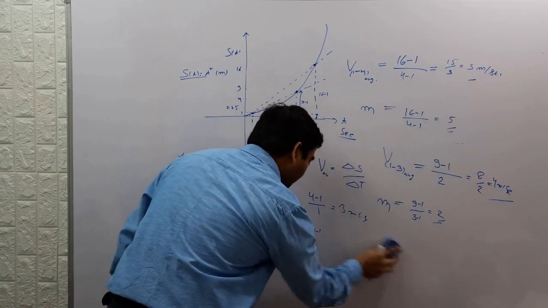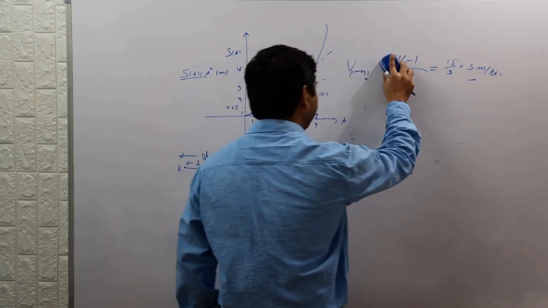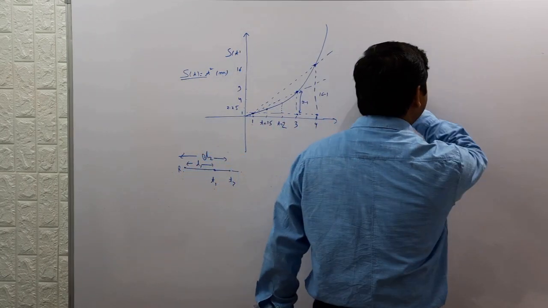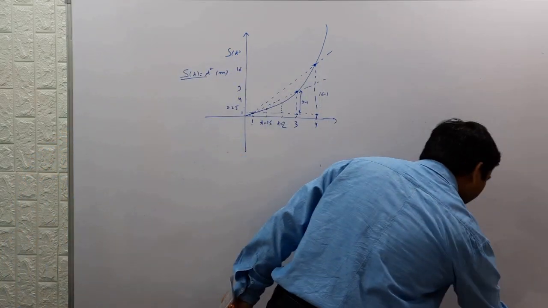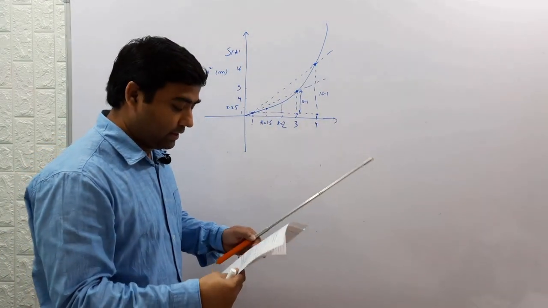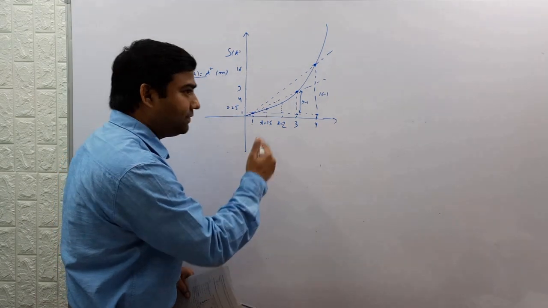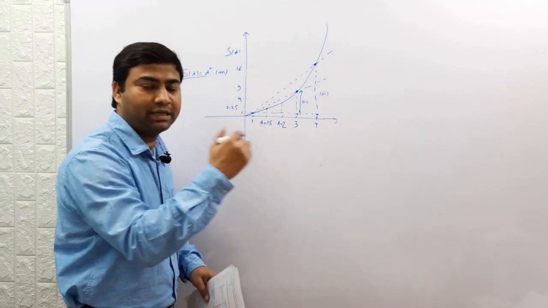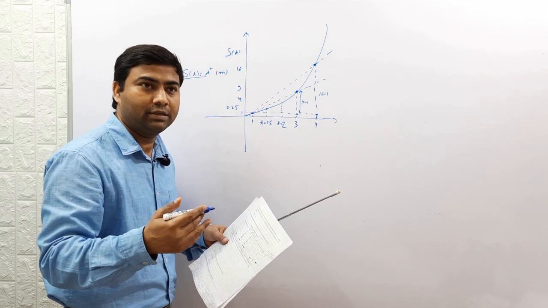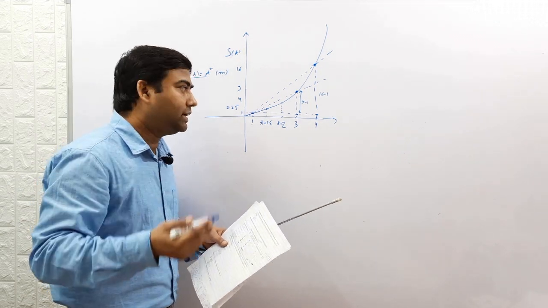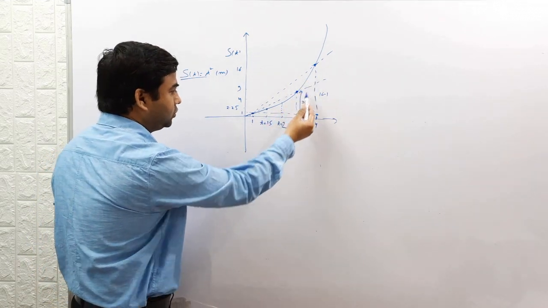So what is our observation during this exercise? You will make a table and observe the relation between average velocity and gradient of secants, and then we will see how this gradient of secant is converted into gradient of tangent as we approach from 4 to 1.